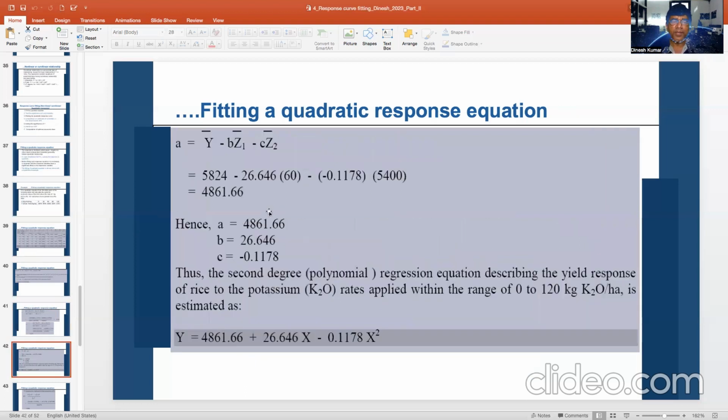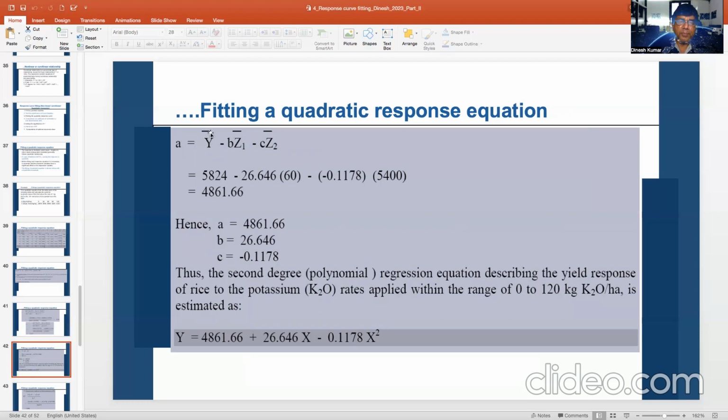Now the value of A we can obtain by the difference: Y bar minus B Z1 bar minus C Z2 bar. You know the value of Z1 bar, you know the value of Z2 bar, the means. And you have just now calculated the value of B and C in the last case. Then you can put the values here.